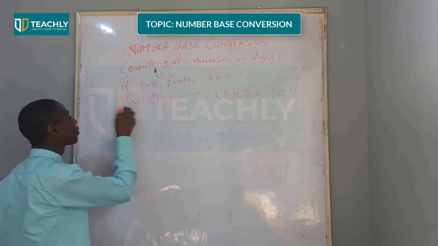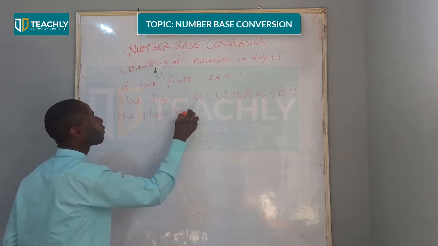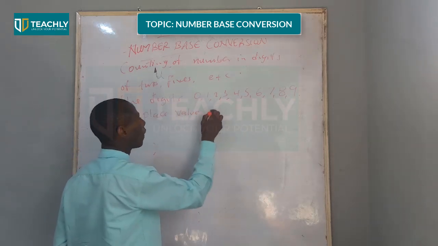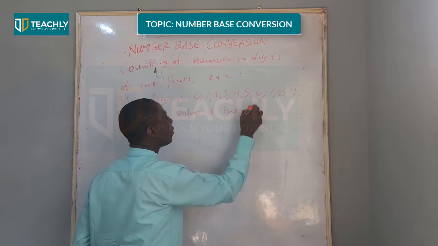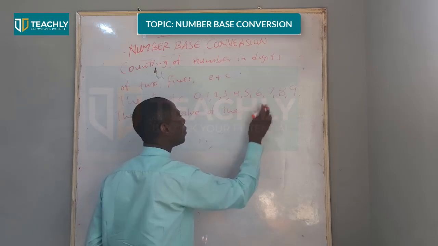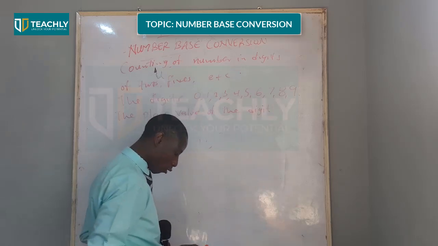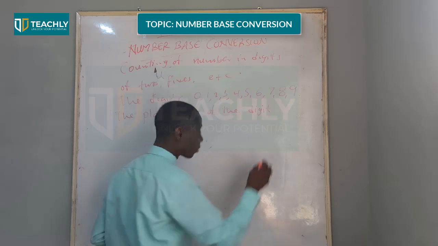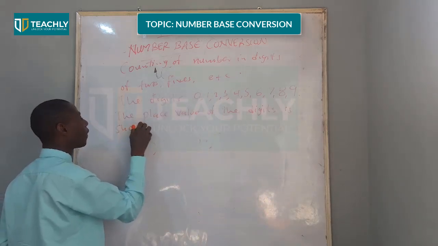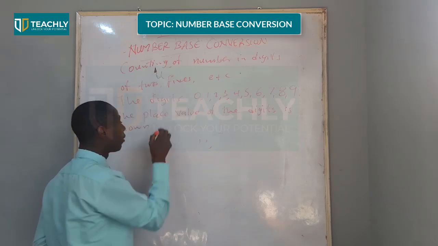So we can say the place value of the digits is shown in the number.